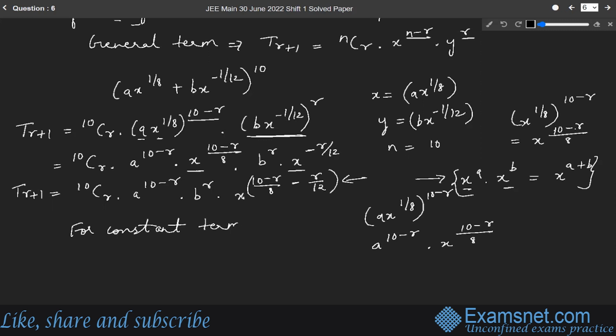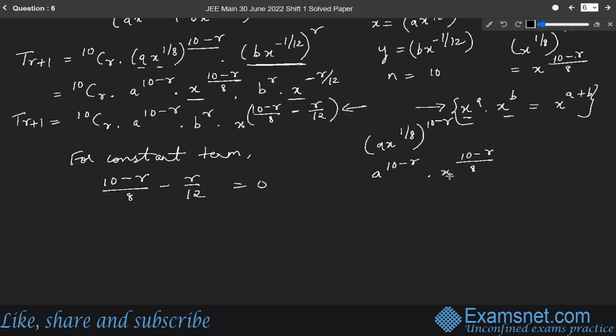So to get the constant term, let us equate (10 − r)/8 − r/12 with 0. All right. So if we equate this term with 0, then we get x^0. And what is x^0? It is actually 1, right? That is why we are equating this term with 0, just to make it 1.